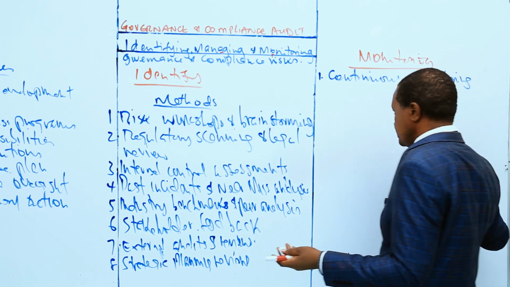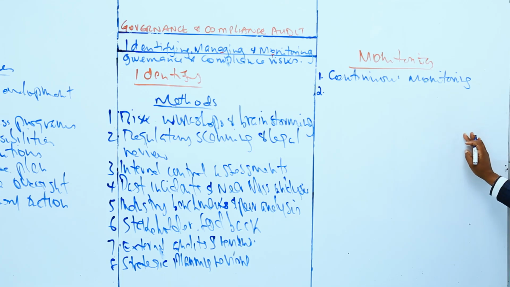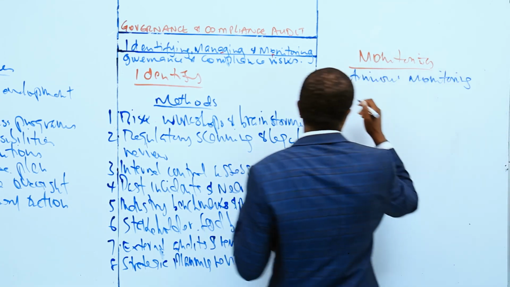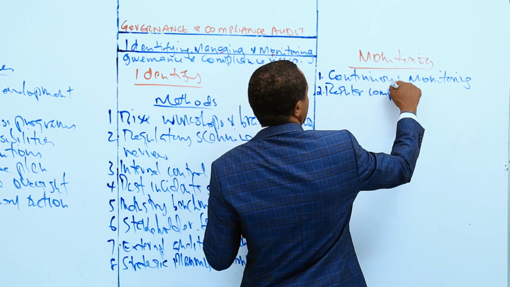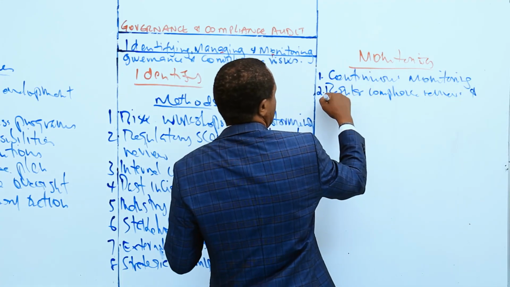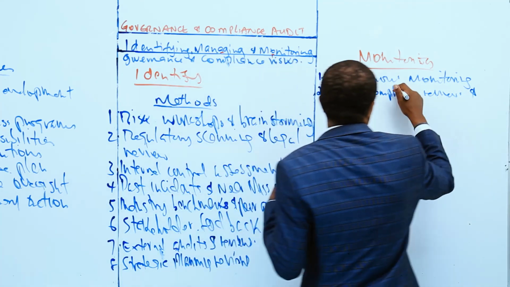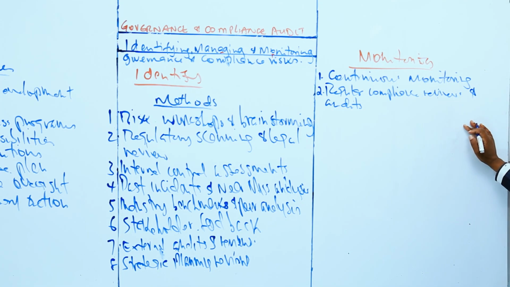Another way to monitor is through regular compliance reviews and audits, like scheduled internal audits by the internal audit function to test specific compliance areas like tax compliance audit, the human resource compliance audits, the IT security audit, and so on.